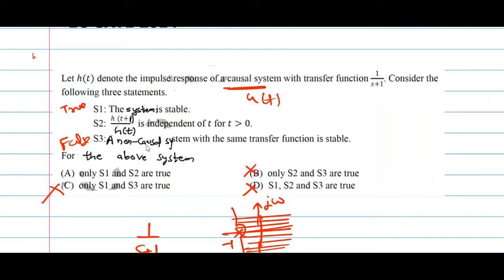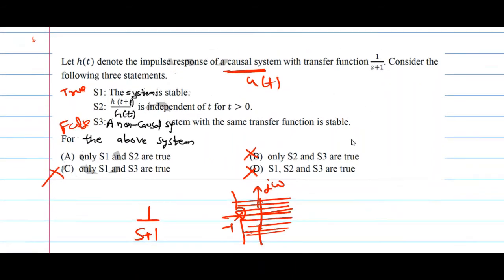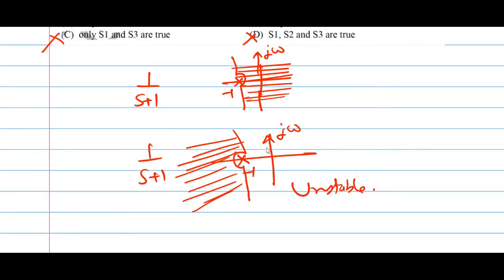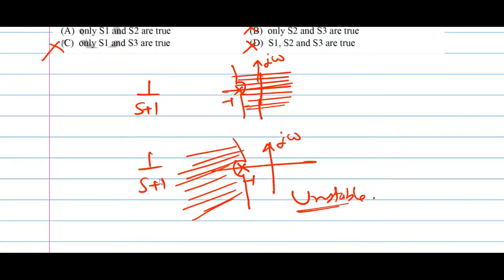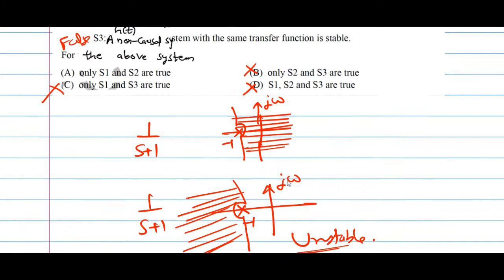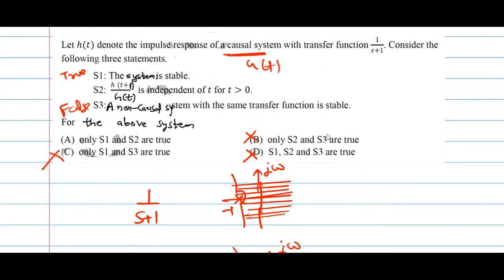What is statement 3? A non-causal system with same transfer function. So this is the transfer function, and we have plotted its ROC sketch. It is not including the j omega axis, that means it is unstable. A non-causal system with transfer function 1 upon s plus 1 is unstable. So S3 is present in all three options which are false. So our correct answer is option A.